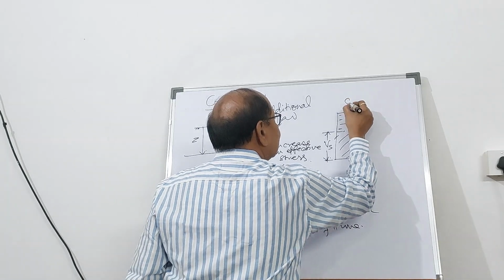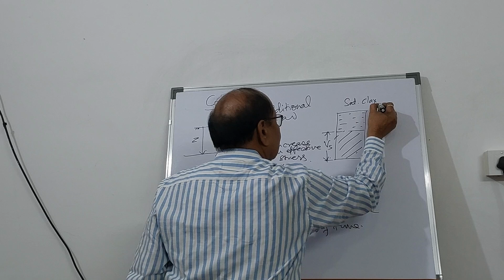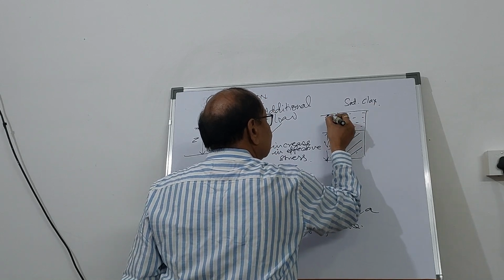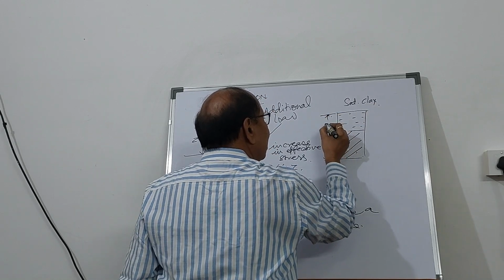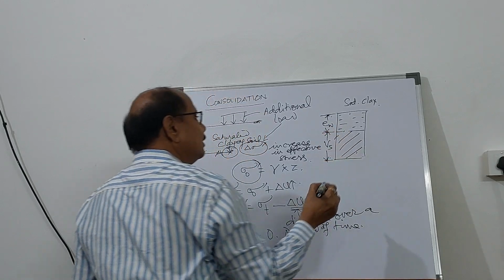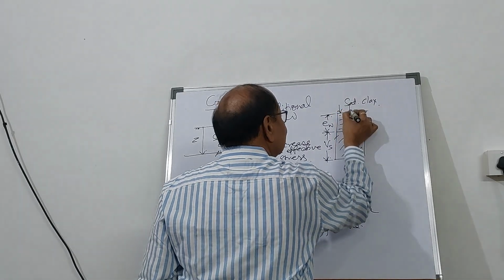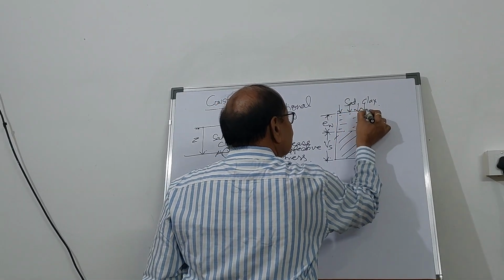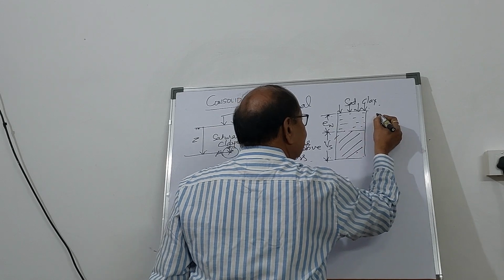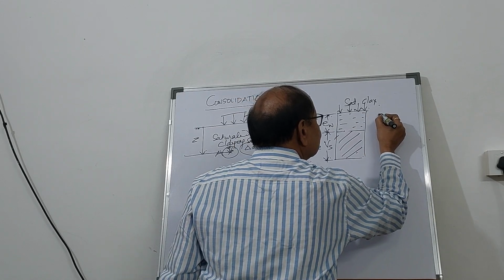And therefore, it becomes fully saturated clay. And this is the total void which is filled with water, isn't it? Now, once you are going to apply the additional load, there will be a reduction in its volume. So the figure will look like this.